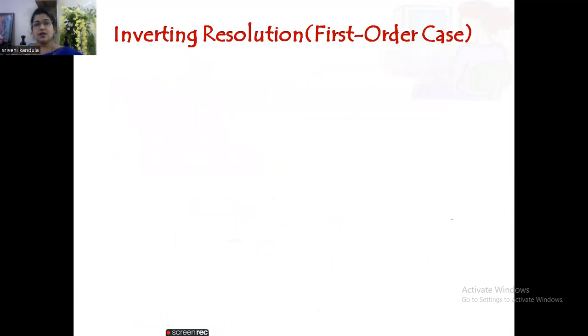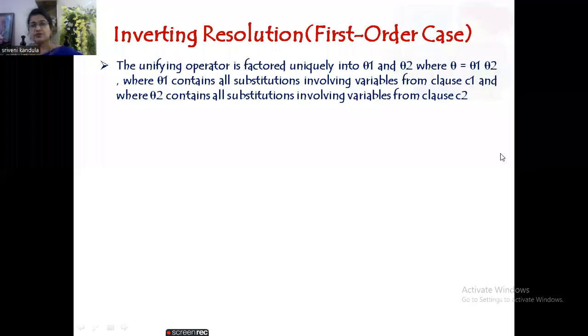So now let us see inverting resolution in the first order case. Okay, so already we have seen the unifying operator. So here what will be done is instead of taking one unifying operator, we have to split that into two, theta 1 and theta 2.